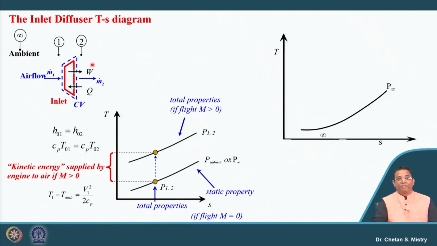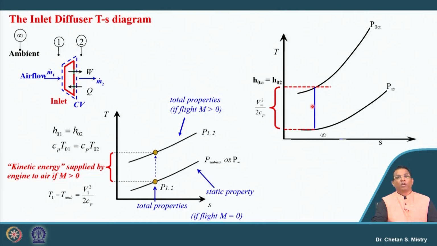I have my flow going inside my intake, which gives me my total property, V infinity square by 2 Cp, giving me my P0 infinity. This represents the property we discussed in the first week as my total property. Now, if we consider this as isentropic flow.